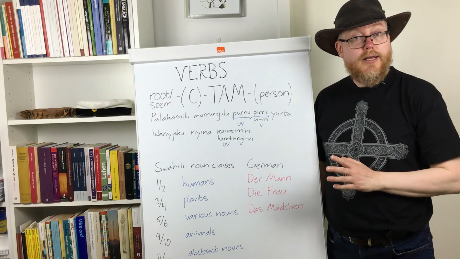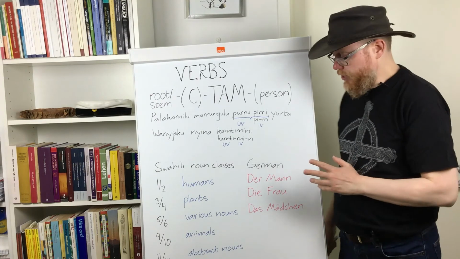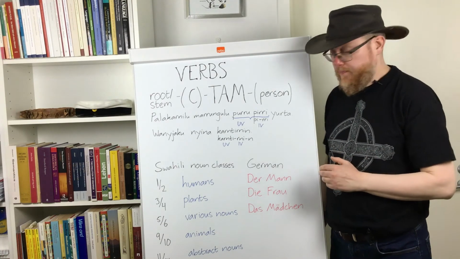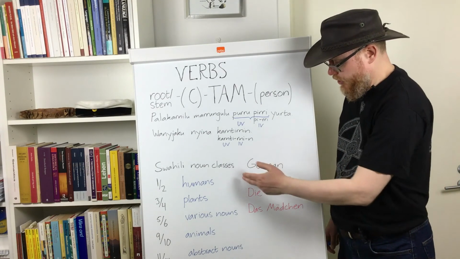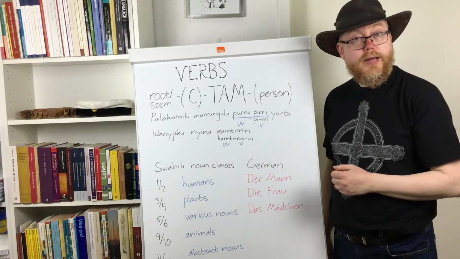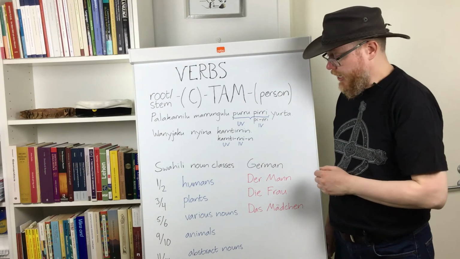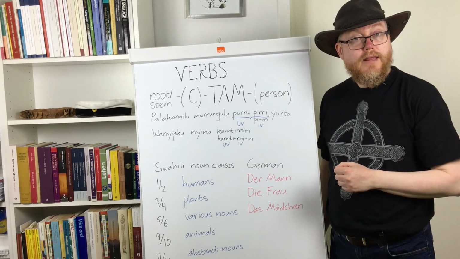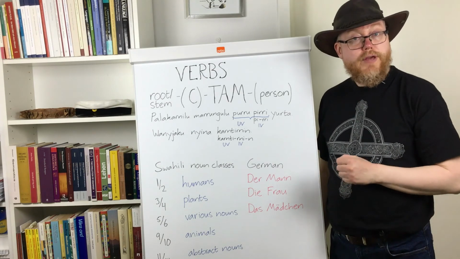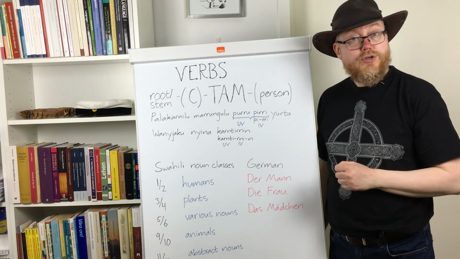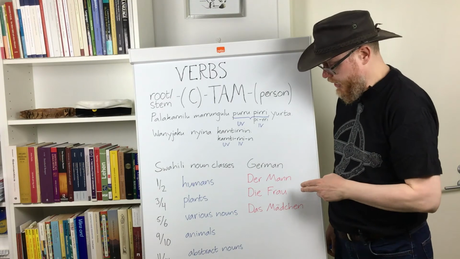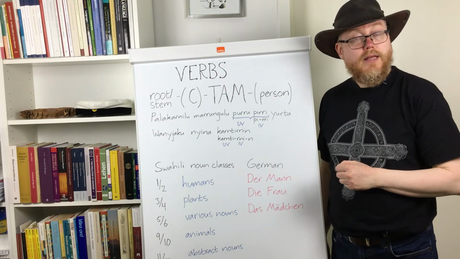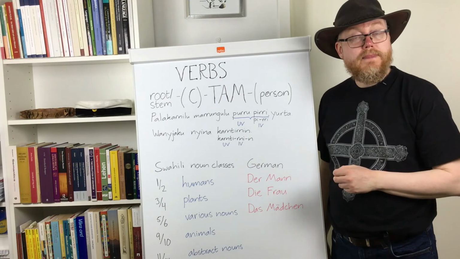Usually, though, in Indo-European languages, nouns for males are found in the masculine grammatical gender, like der Mann, the man. Nouns for females are usually found in the feminine grammatical gender, like die Frau, the woman.